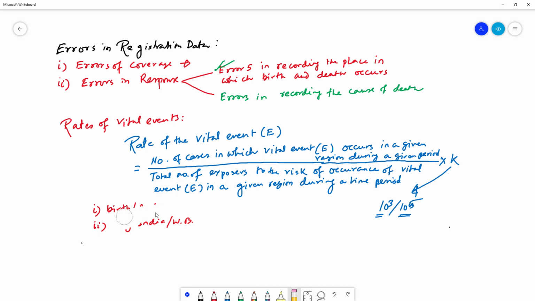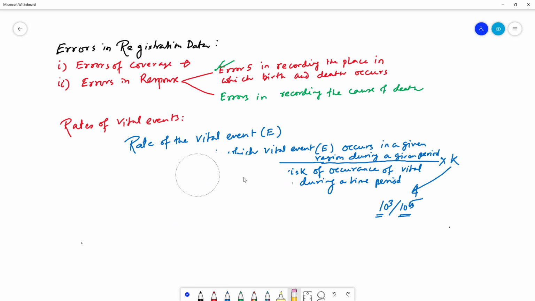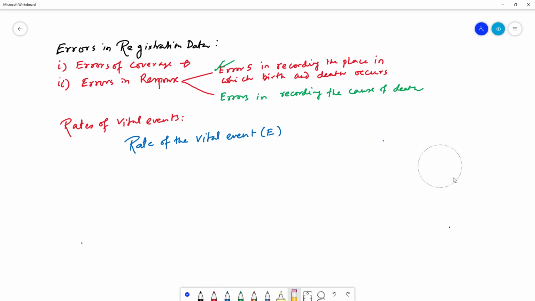We can define this rate alternatively as follows.